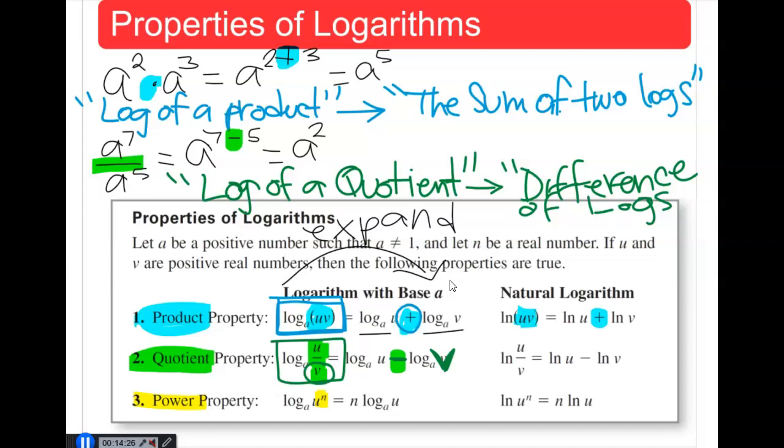And again, if we go from left to right, we refer to that as expanding. Now, if we wanted to go in the opposite direction, we could go from the sum of two logs and then condense that into the log of a product. So going in this direction, we refer to that as condense.